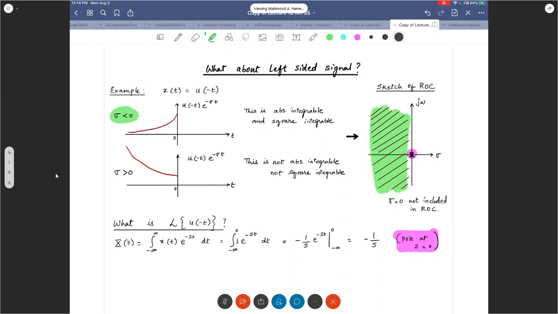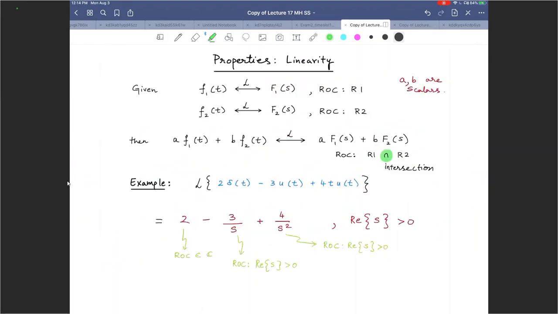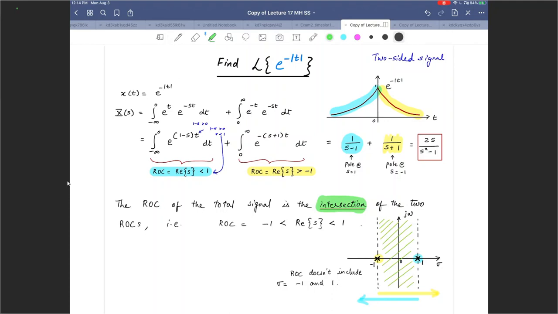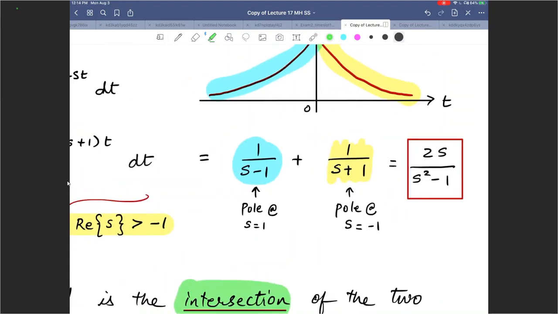Sander says, I think you got the transform of e to the minus absolute value of t wrong. Is that the case? Let's see. Why do you think that numerator should be a 2a? You mean right here? All right, let's see. s plus 1 plus s minus 1. Oh, it is right.